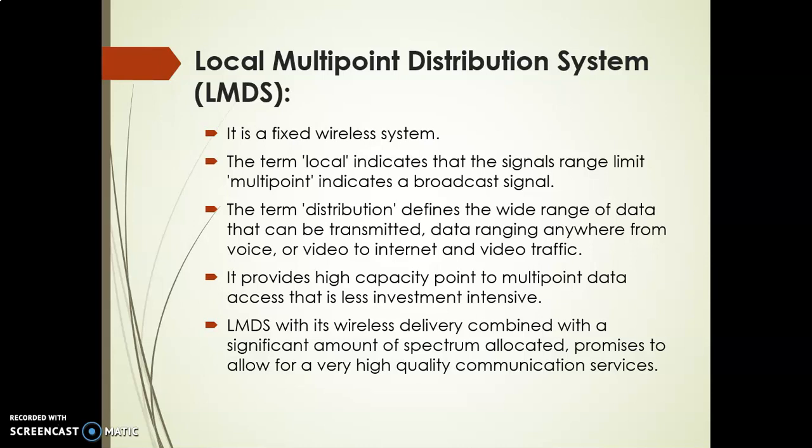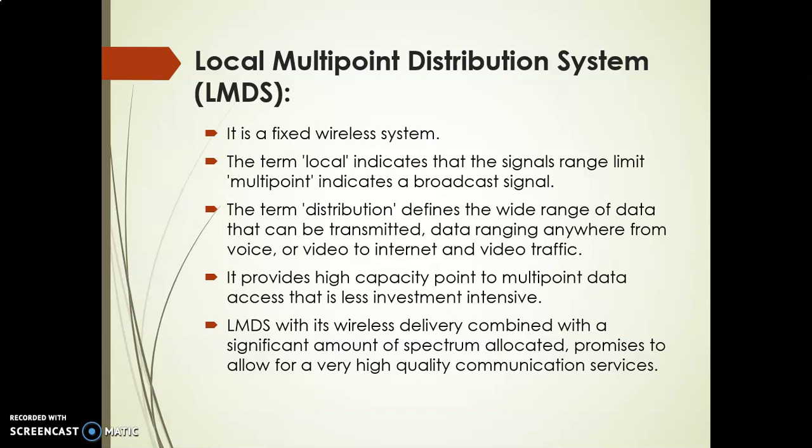The term local indicates the signal range limit, and multi-point indicates the broadcast signal. As we have seen in the diagram, the one point is connected to the many points. That means it broadcasts the signal.